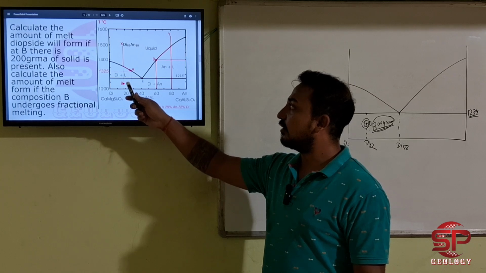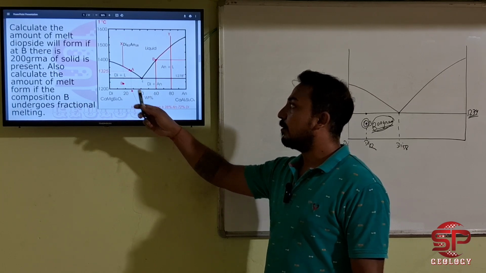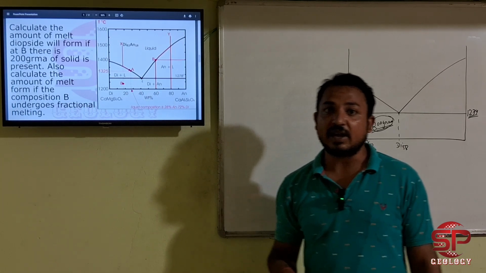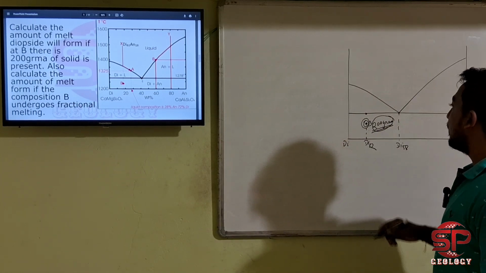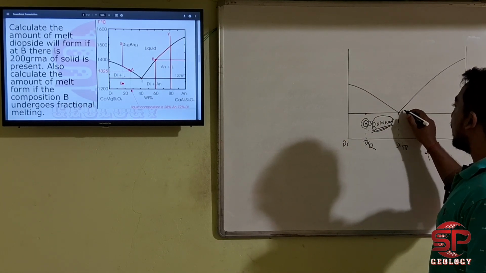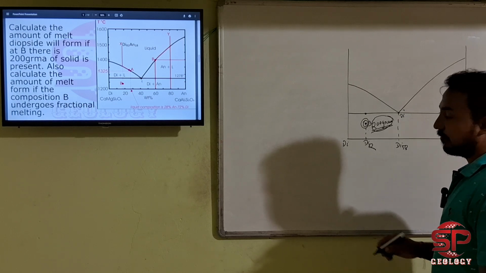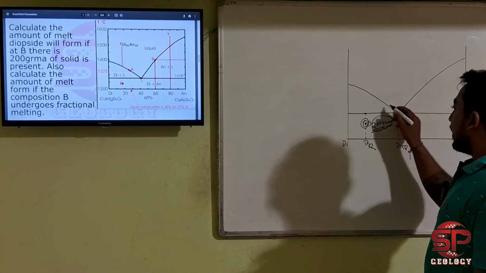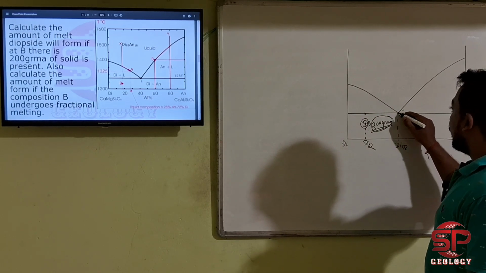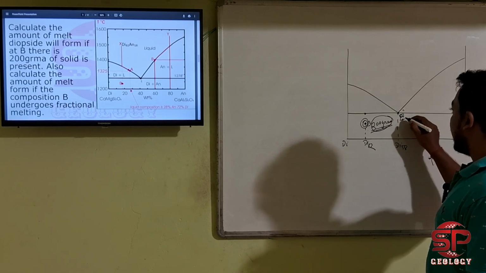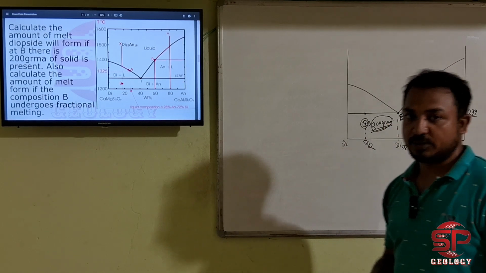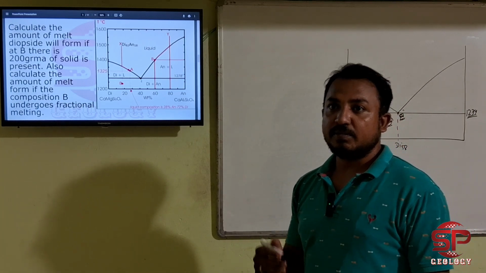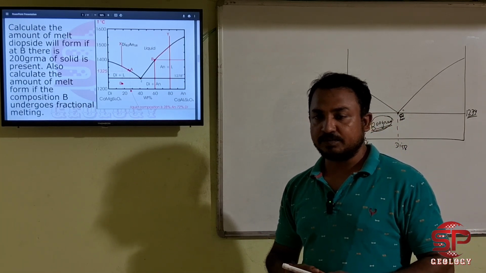But here at eutectic temperature, diopside will partially melt, but anorthite will completely melt. Because of that, all the anorthite will be removed from the system and only diopside will remain here. So the diopside present at the eutectic point will be the last melt composition, the final melt composition.